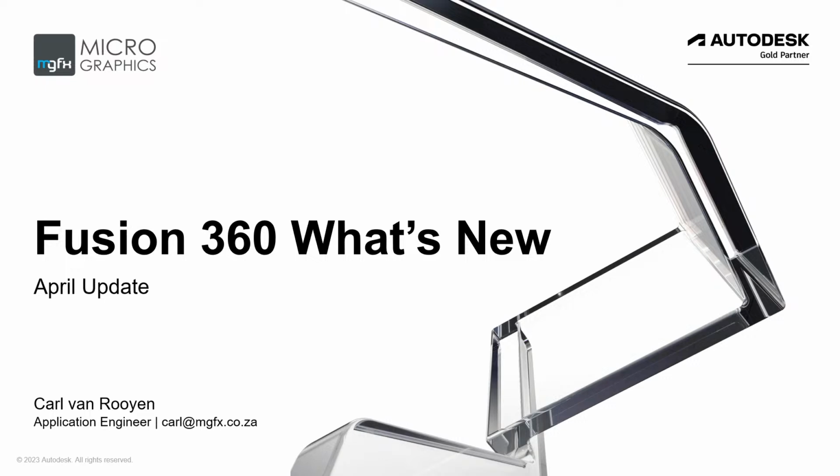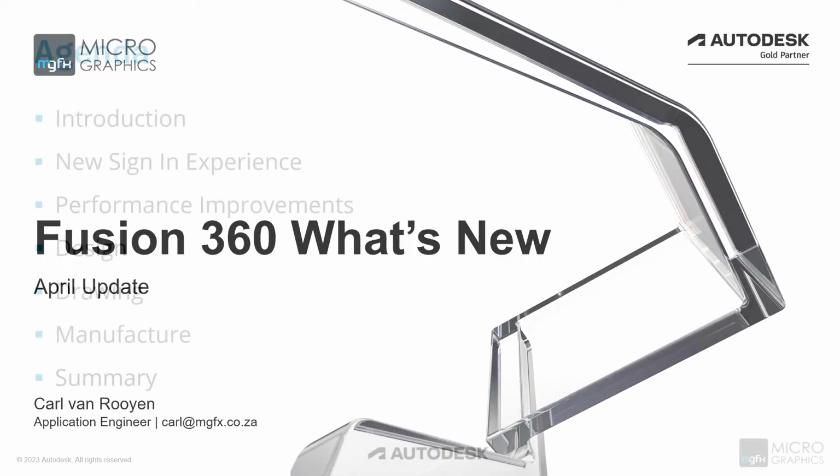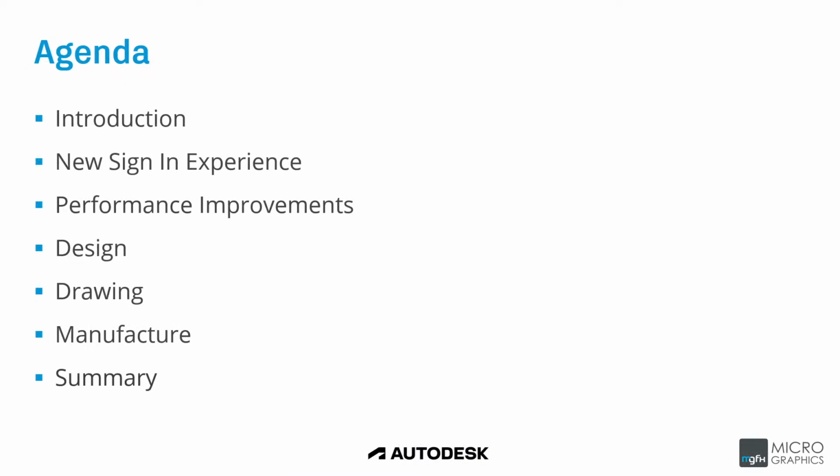So as mentioned, today: Fusion 360, what's new? We're going to be looking at the April update, a couple of key highlights within the what's new April update. On today's agenda, we'll start off with an introduction, just a base overview of the improvements.